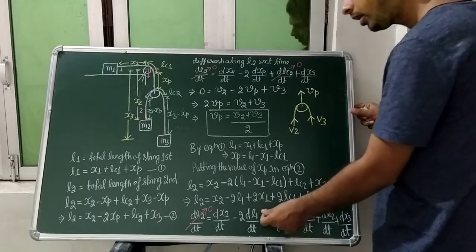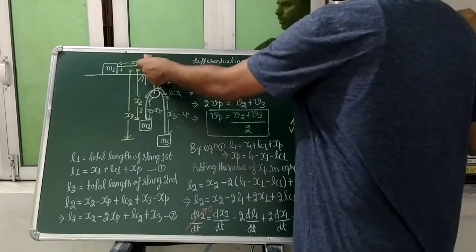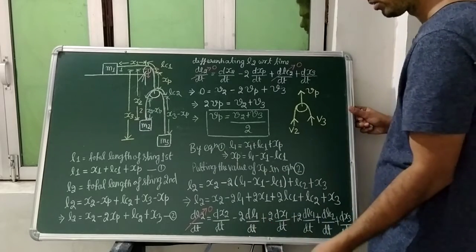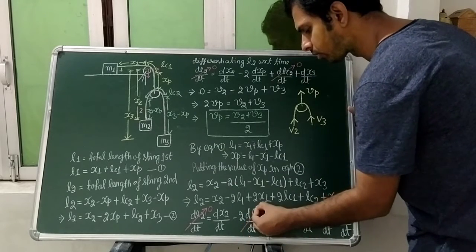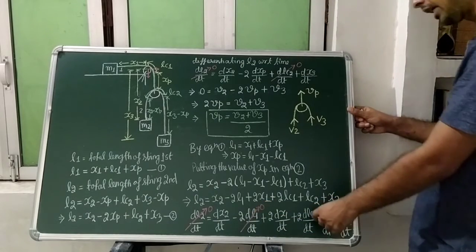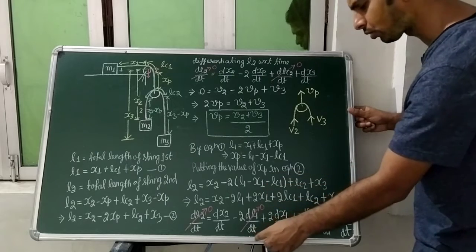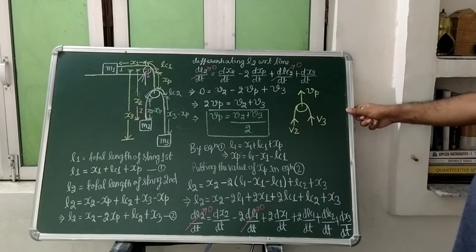So here we are also getting dl1 upon dt. The length of the string over this pulley will also be constant, so that will also equal 0. And dlc1 will also come out as 0, or this minus twice of lc1.